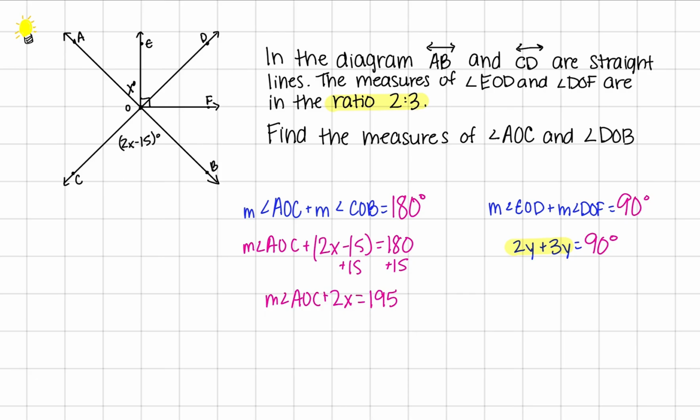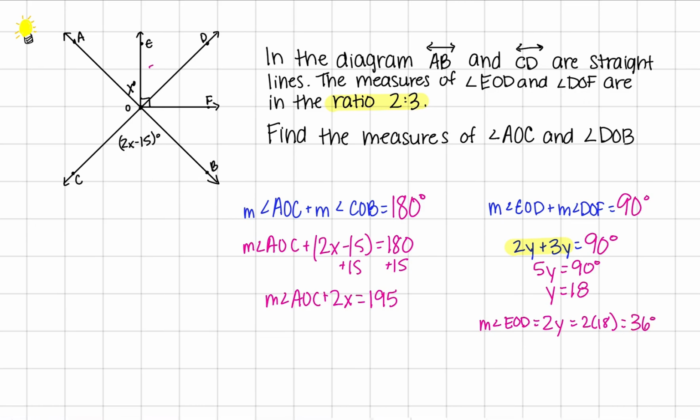All right. I have to stop there. I can't do anything. So I'm going to come over here. 5y equals 90. Y equals 18. Right? So the measure of EOD is 2 times y, which equals 2 times 18, which equals 36.